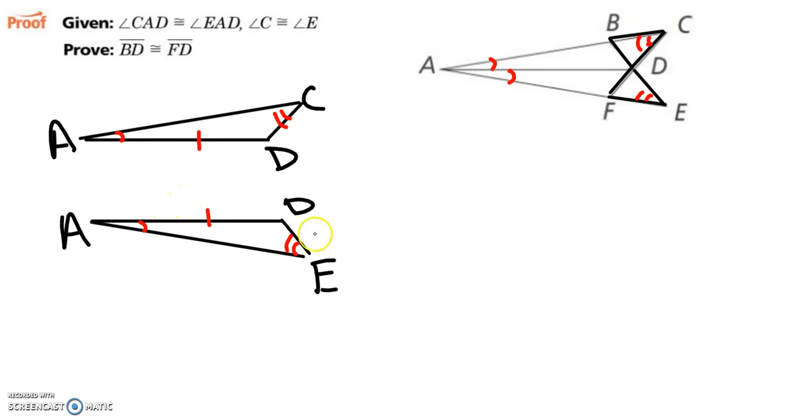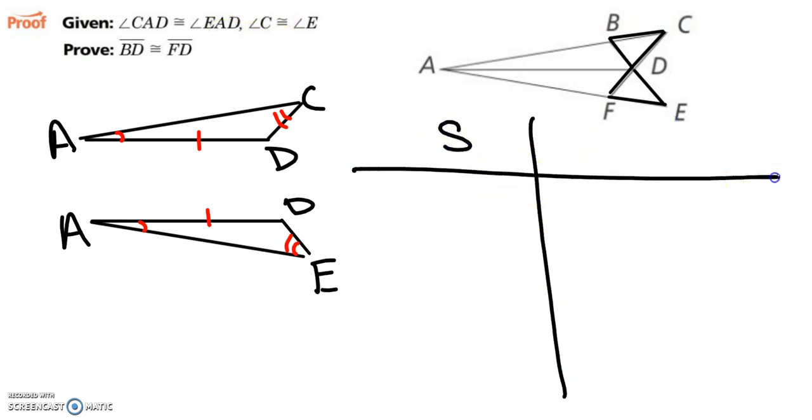So I'm going to use this knowledge that these two triangles are congruent in hopes to figure out BD is congruent to FD. I'm going to start a small proof here. Statements, reasons. One is obviously everything that's given.